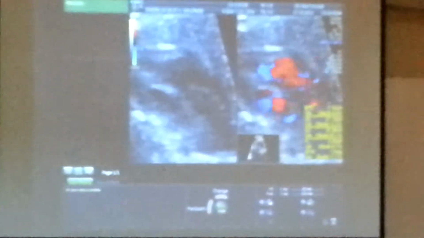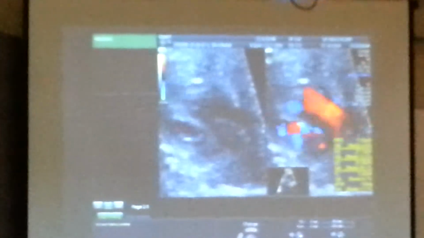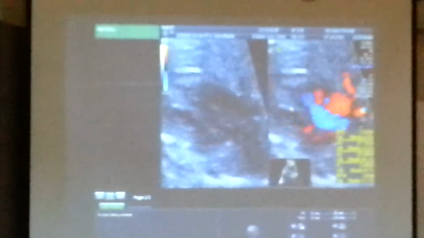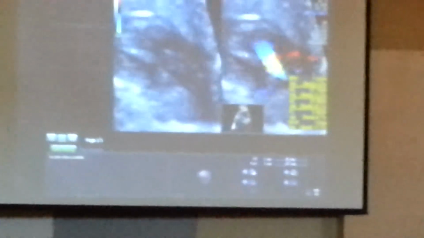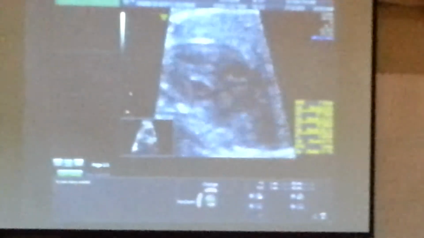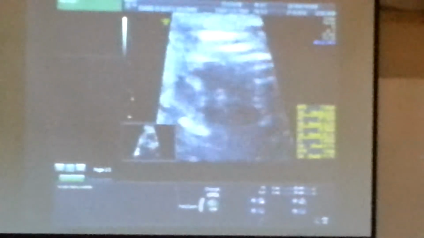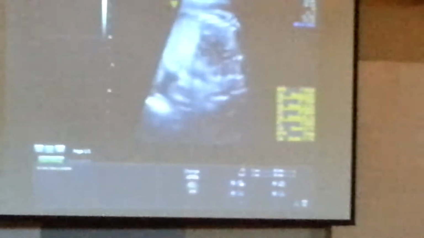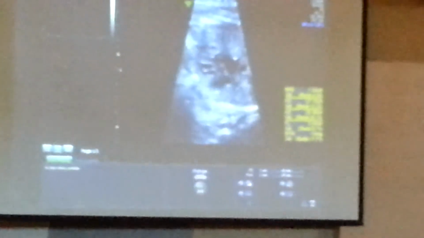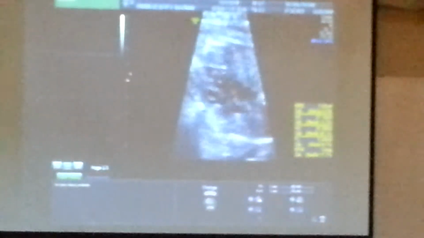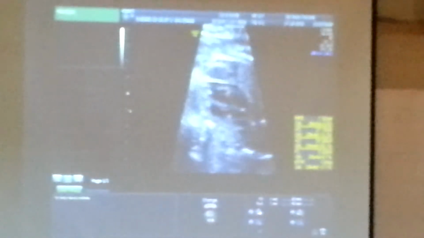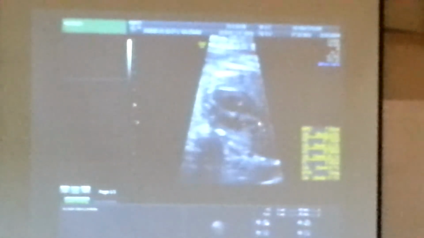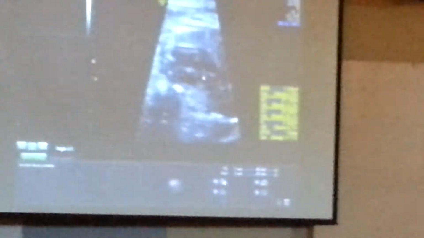Okay. This is the comparing view. Again, very good to show the right outflow tract and left outflow tract.